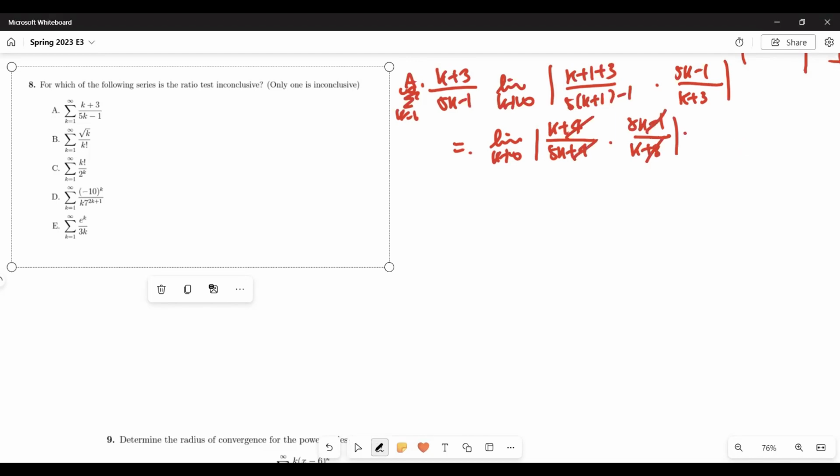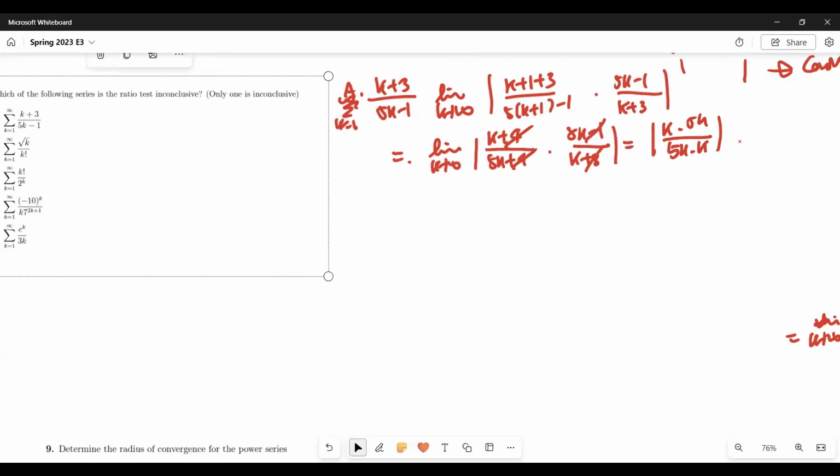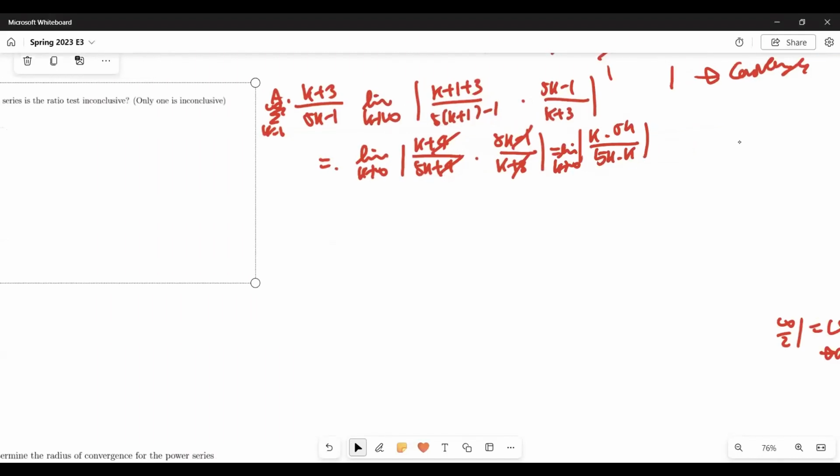So this becomes just k times 5k over 5k times k, as the limit goes to infinity. I'm just erasing the stuff. So the limit as k goes to infinity: k cancels out, 5k cancels out, so this is 1.